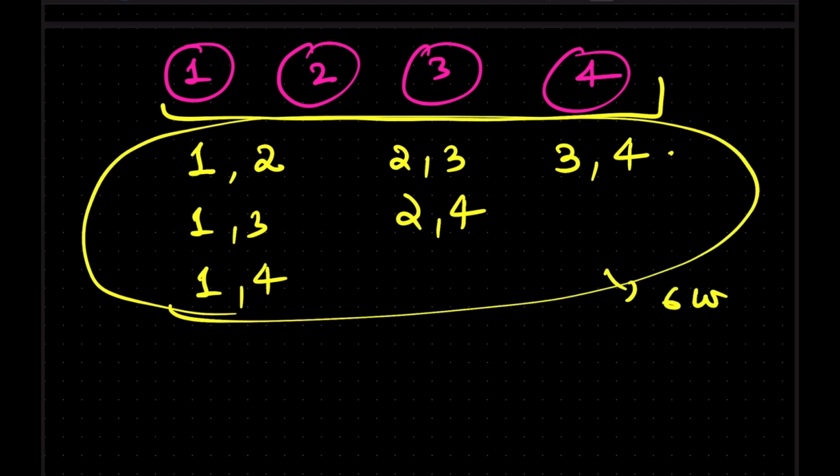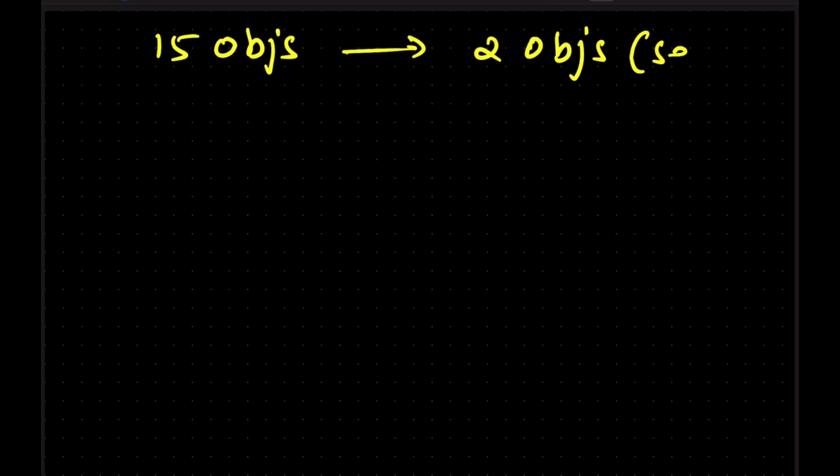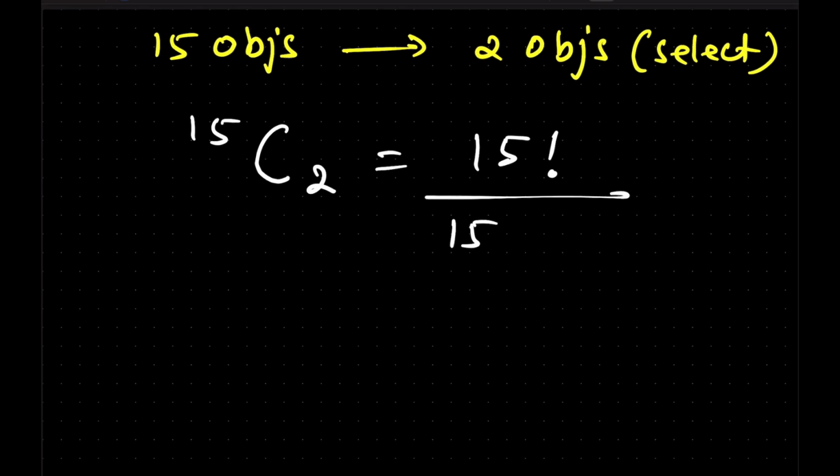But suppose you are given very large sets, say you have 15 objects and you have to select 2 objects from it. In these cases manual counting is very difficult. In that case we directly write 15C2, which is 15 factorial divided by 15 minus 2 factorial and 2 factorial.